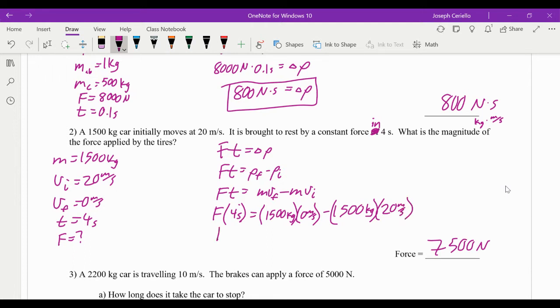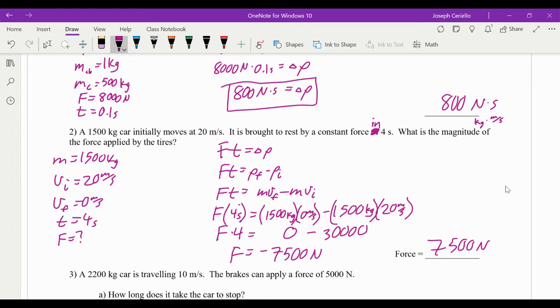Working through the math here, we have F times 4 equals 0 minus, and this comes out to be 30,000. Divide both sides by 4, you get F equals negative 7,500 newtons.